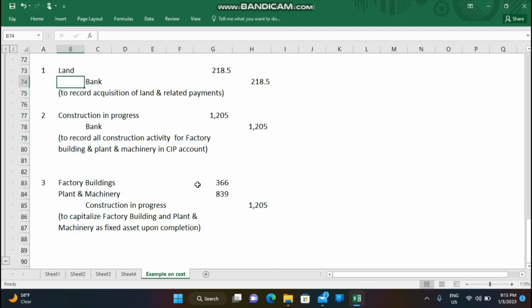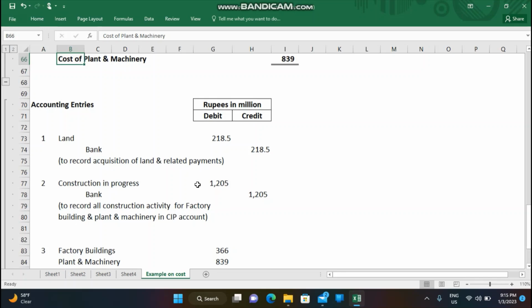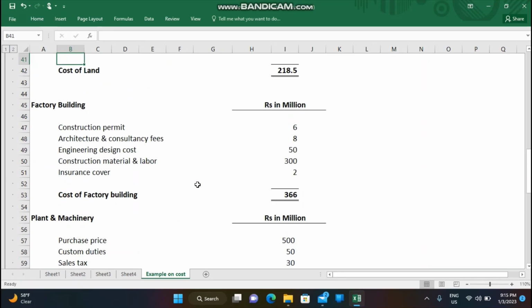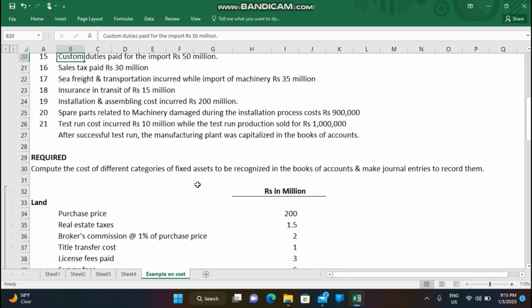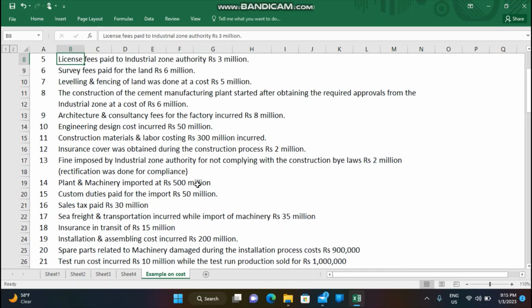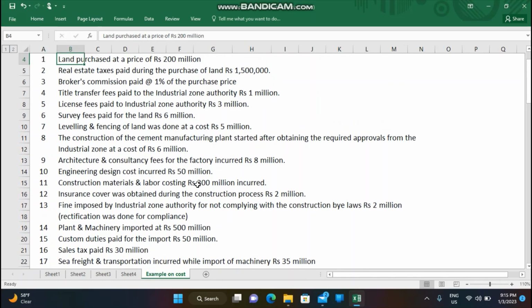I just ignored the element of timing in this whole example, just to keep it simple, so that the concept will be clear that all this construction activity initially will be recorded in the construction in progress account, and only once it is completed and the asset is ready to be used for its intended use, only then it will be capitalized, and the construction in progress account will be credited and the respective fixed assets account will be debited.